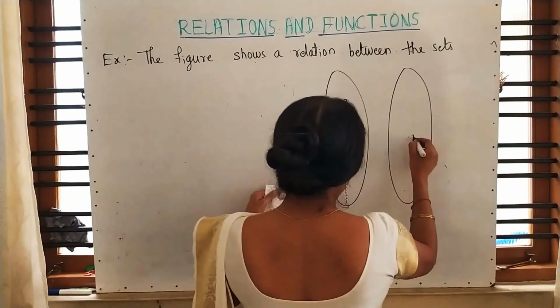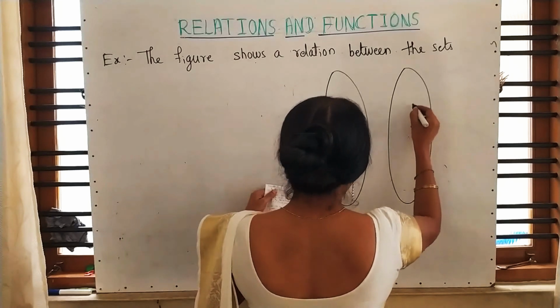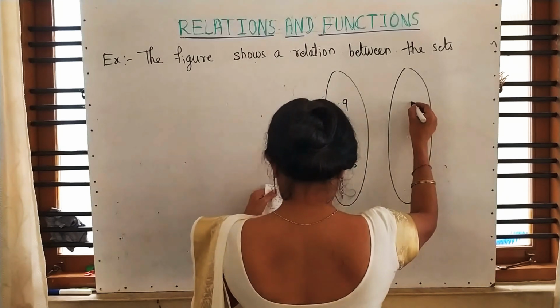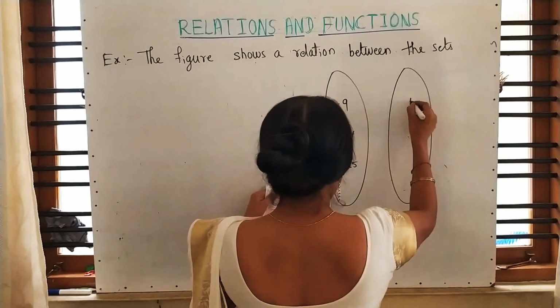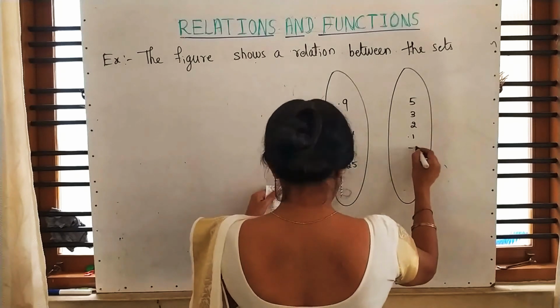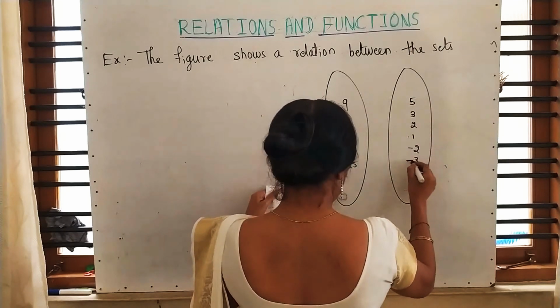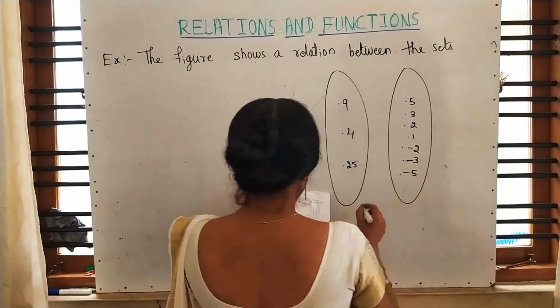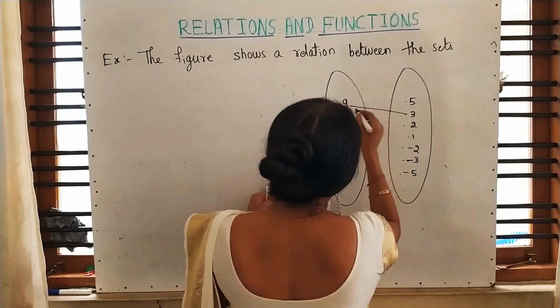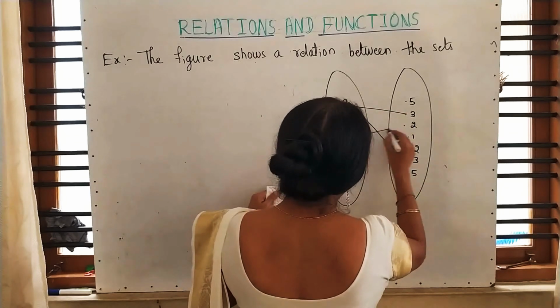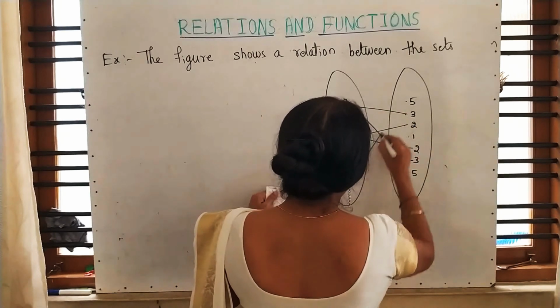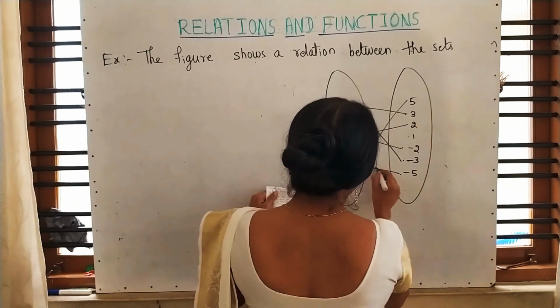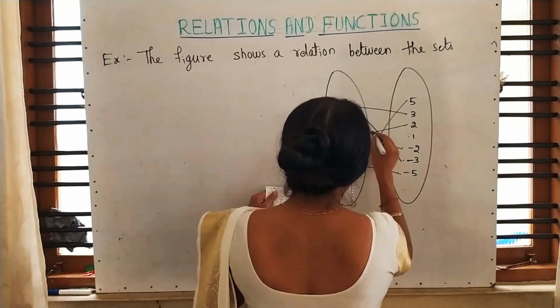Here 1, 2, 3, 5. And here -2, -3 and -5. So this is the figure. See it carefully.